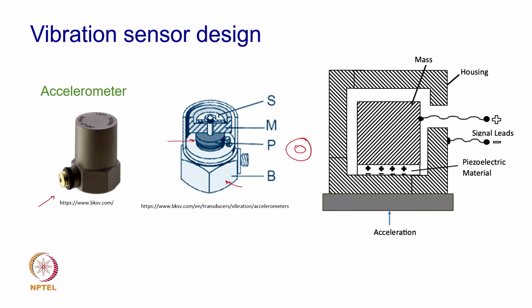So, you have a base and then a housing here, and between this housing and this heavy mass which you can see here, these piezoelectric discs are between the mass M here and the foundation or the rigid base.